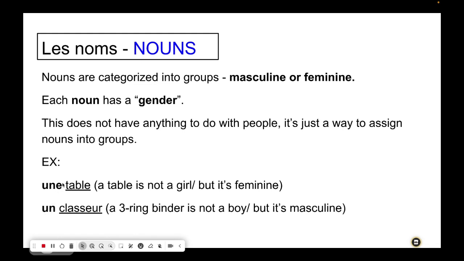So une table means a table, and since table in French has the feminine gender, it's feminine, so we will be using une to say a table. And classeur, which is a binder, is masculine. So when we say a binder, we use un classeur.